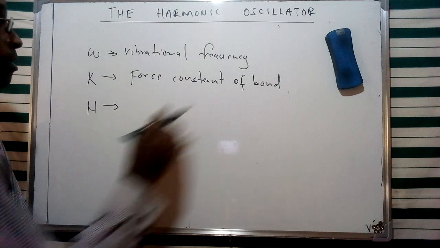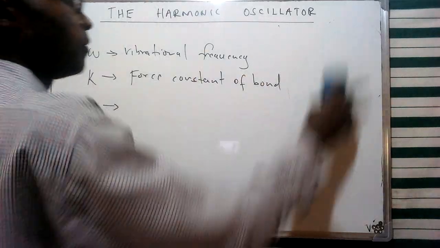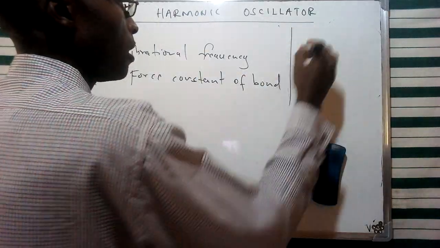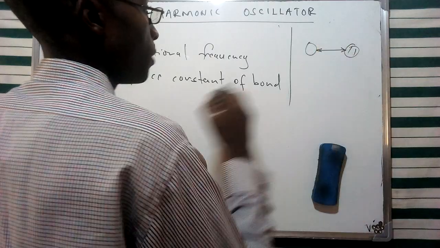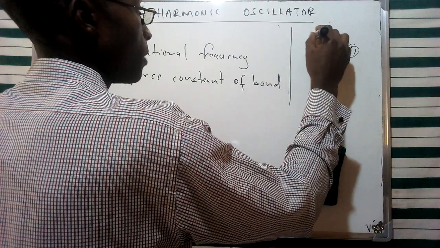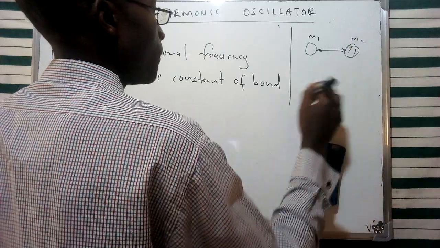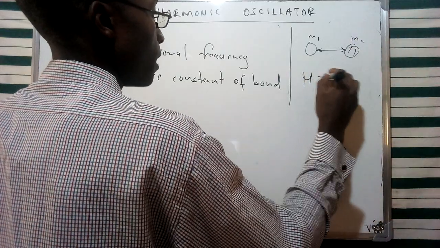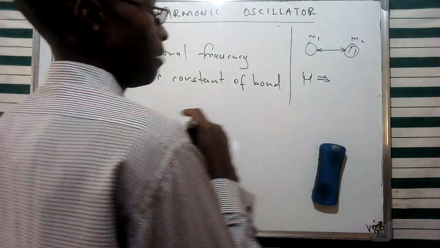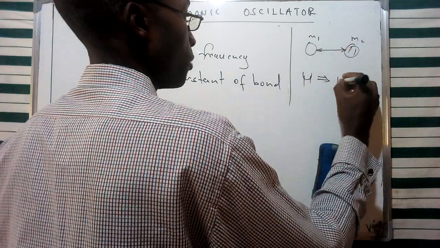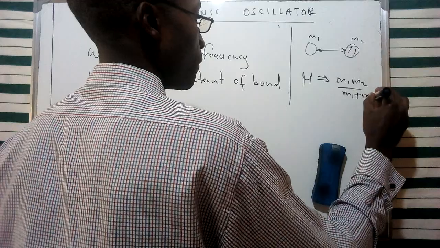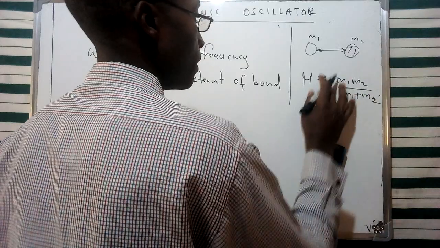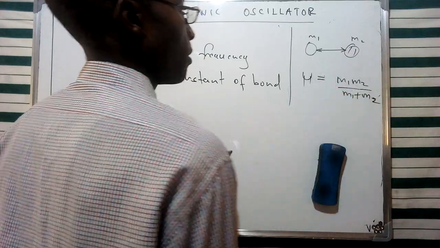Now from the illustration I've given here for the heteroatomic diatomic molecule, this one possesses mass 1 and mass 2. Therefore, we're going to use the reduced mass to describe this system, whereby we have m1 m2 all over m1 plus m2. This equation represents what we refer to as reduced mass.